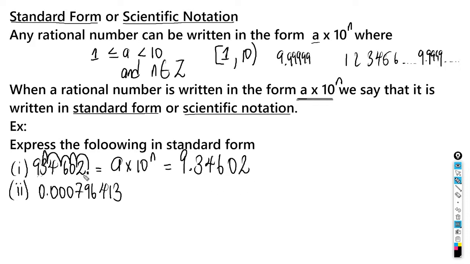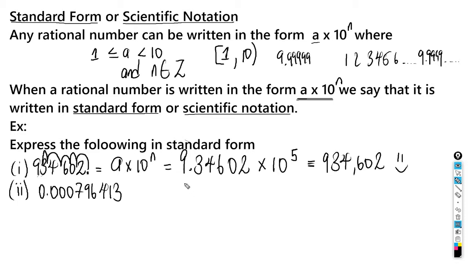Since I moved the decimal place 5 times to the left, 9.34602 multiplied by 10 to the 5 is exactly equal to 934,602. Cool, so this is standard form.